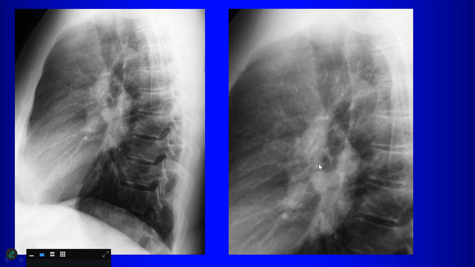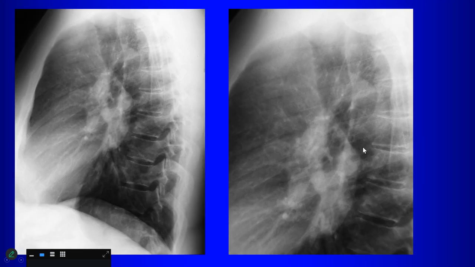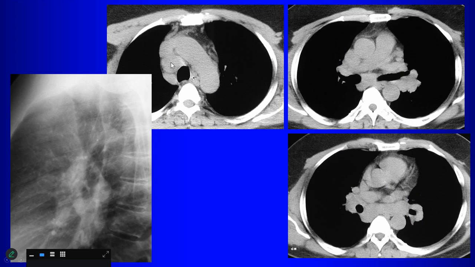Donut. There's a very nice donut sign here. Okay? So, what do you think this patient's underlying disease is? Sarcoid. Sarcoid, yeah. Paratracheal, hilar, subcarinal lymphadenopathy. This is a patient with sarcoid, subcarinal nodes, right paratracheal nodes, also some hilar nodes. Patient with sarcoid with a very nice donut sign. Okay.